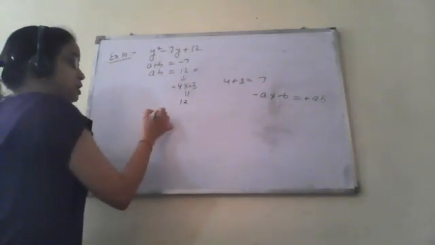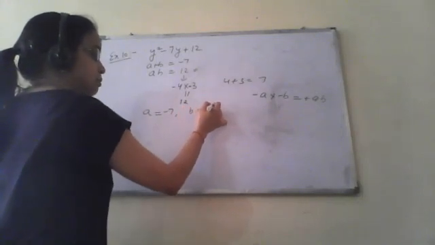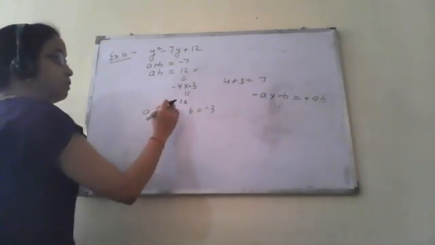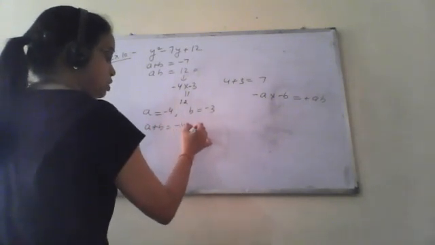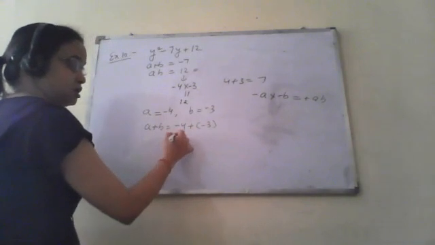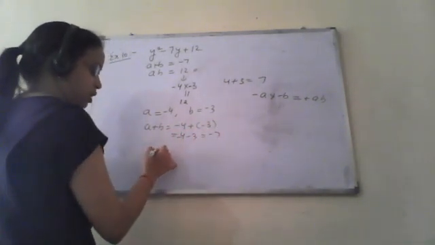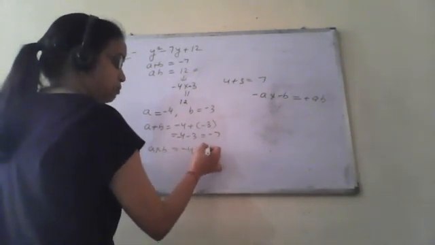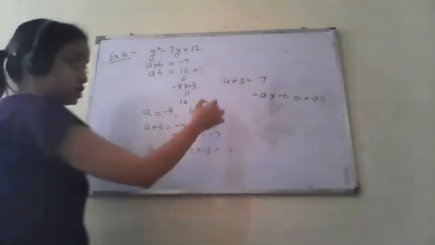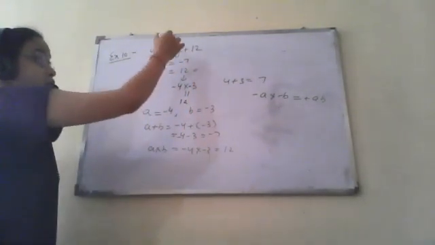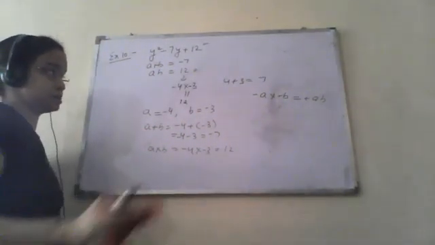So the values of a and b are minus 4 and minus 3. Then a plus b is minus 4 plus minus 3, which is minus 7, and a into b is minus 4 into minus 3, which is plus 12. So these values satisfy the equation.